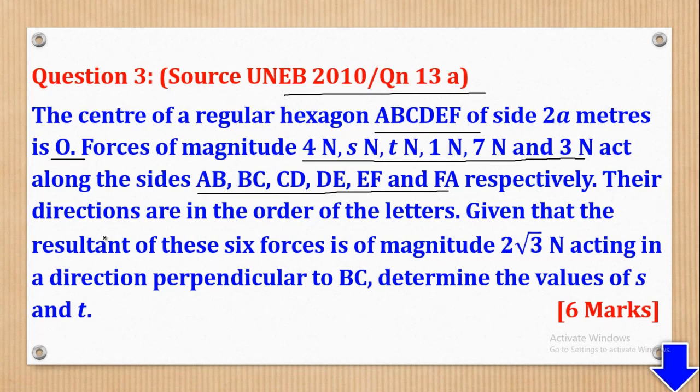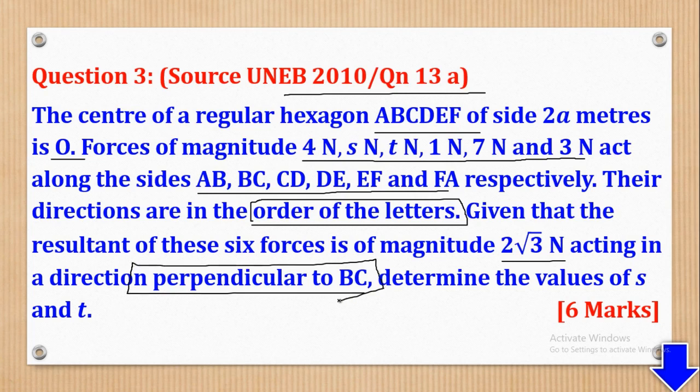Their directions are in the order of the letters. Given that the resultant of these 6 forces is of magnitude 2 root 3, acting in a direction perpendicular to BC, determine the values of S and T.